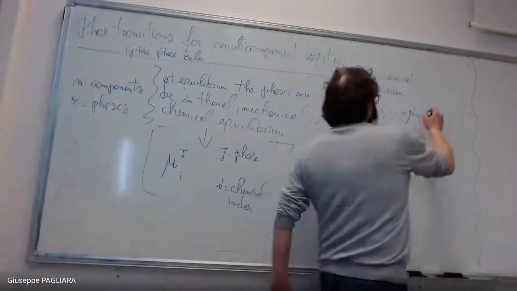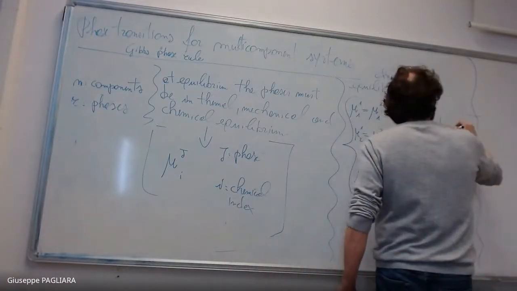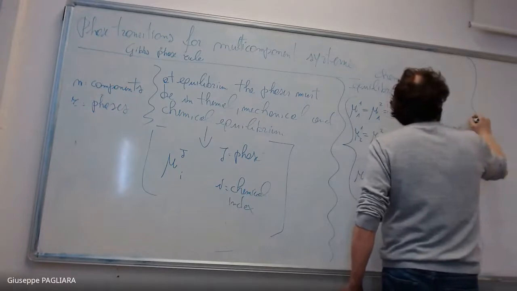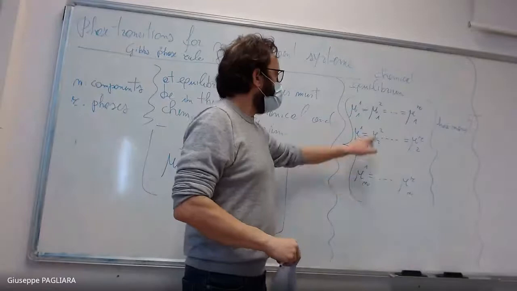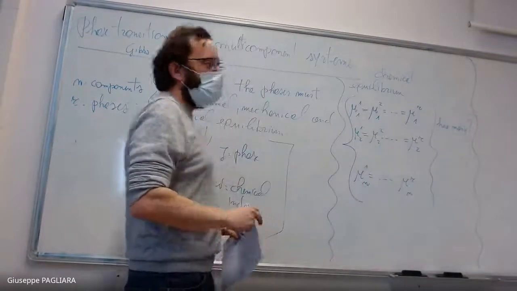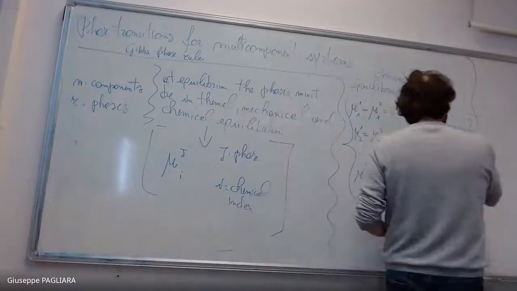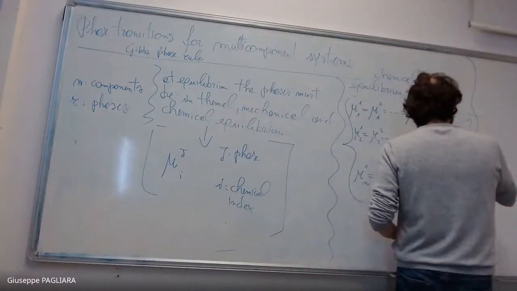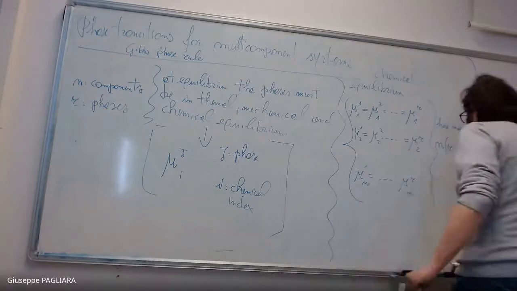How many equations do we have here? Each of these lines contains r minus 1 equations, and I have n lines. So it's n times (r minus 1).